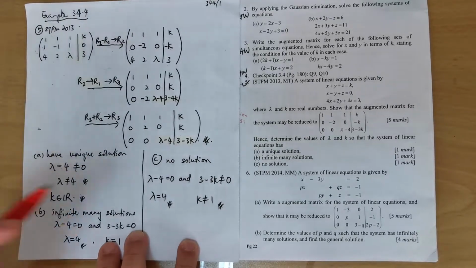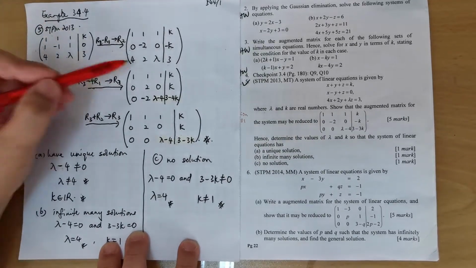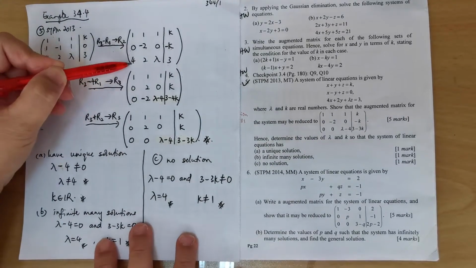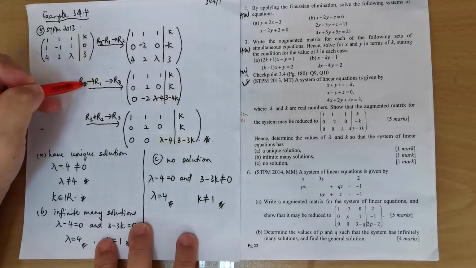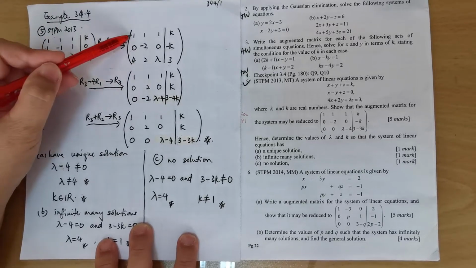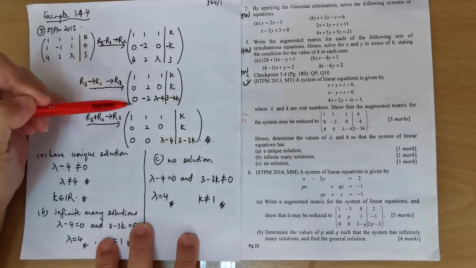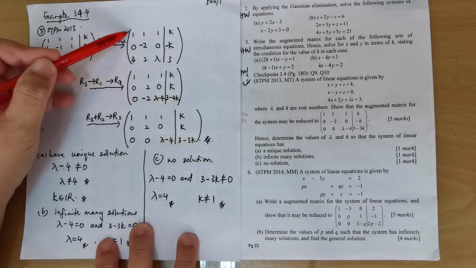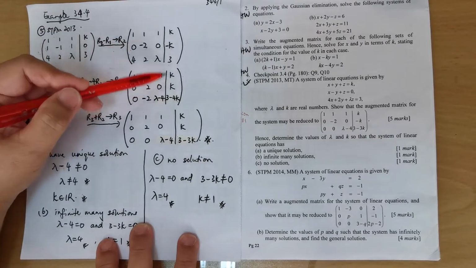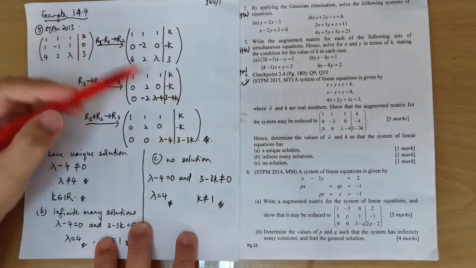The next step is this one also 0. I want to change this one to 0 also. So I'm going to use R3 minus 4R1. This one minus this one times 4, then I get new R3. R1 and 2 remain the same, I copy first.